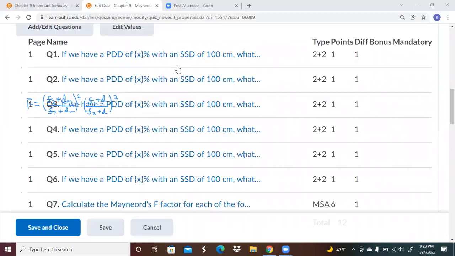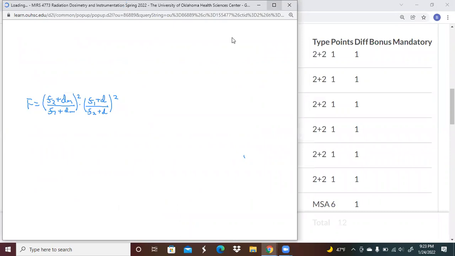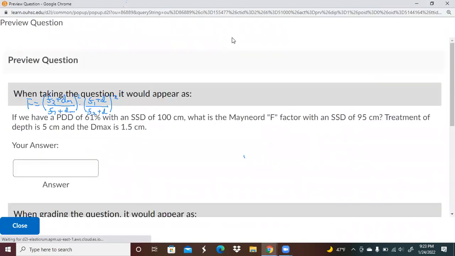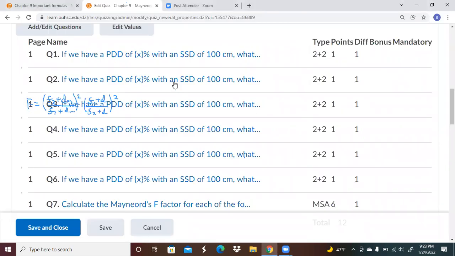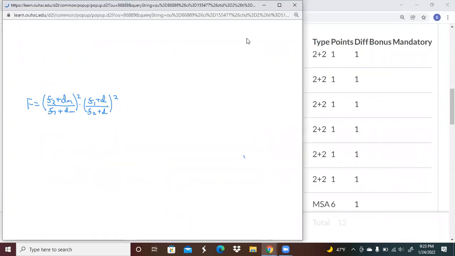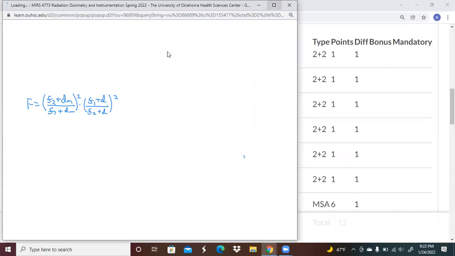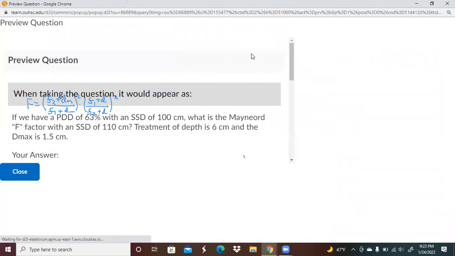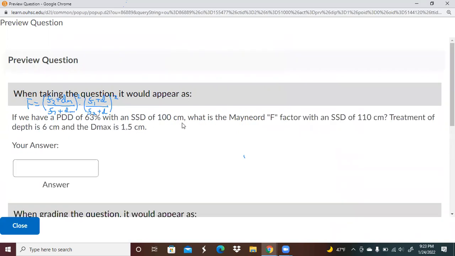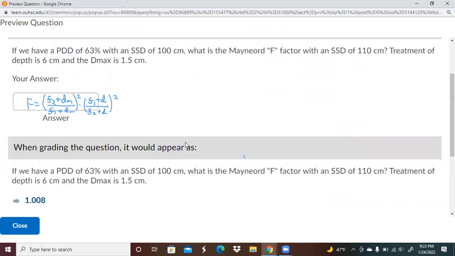I want to prove a point here, so let's try another one. You'll see why I'm doing this in just a minute. There we go. The reason I chose this one is for an SSD that's greater than what we started out with, because I want to show you that the Mayneord F factor should end up being over 1.